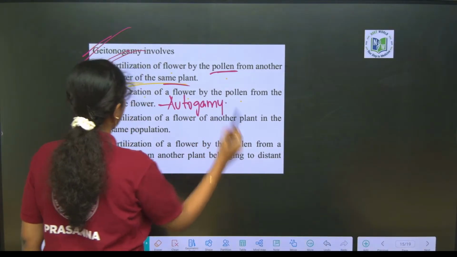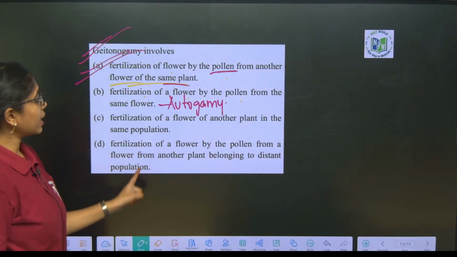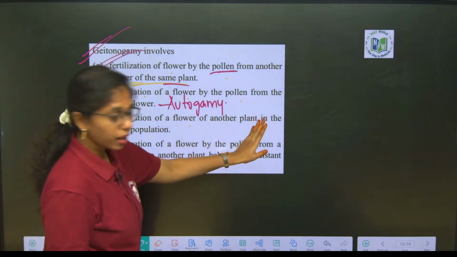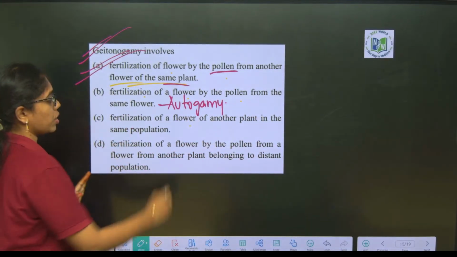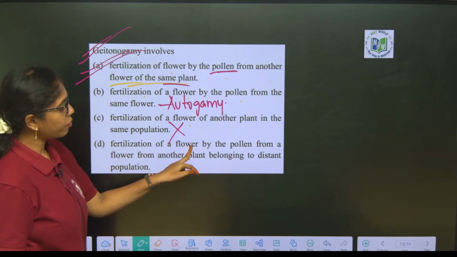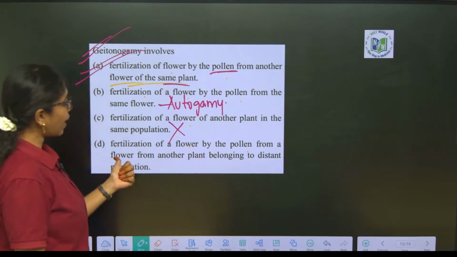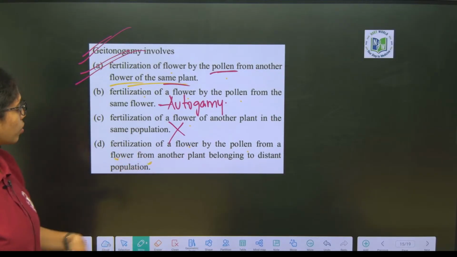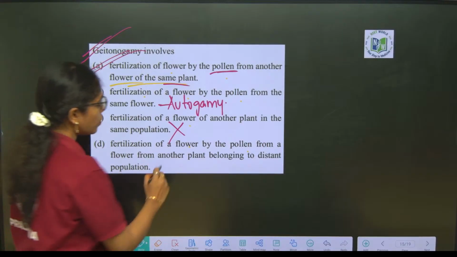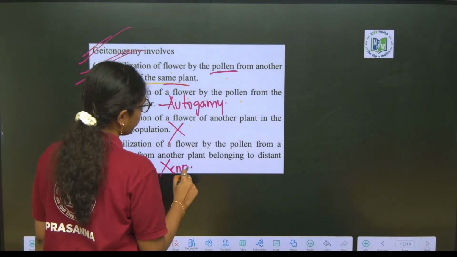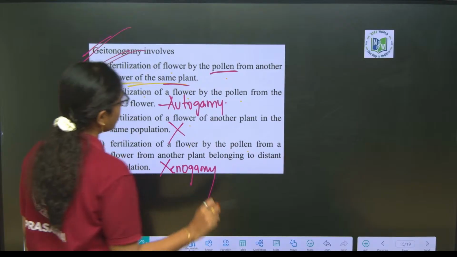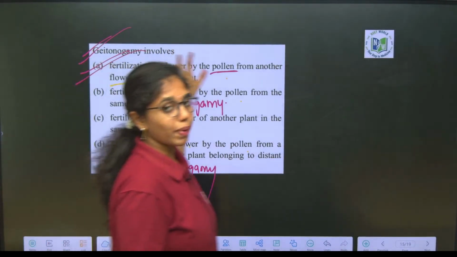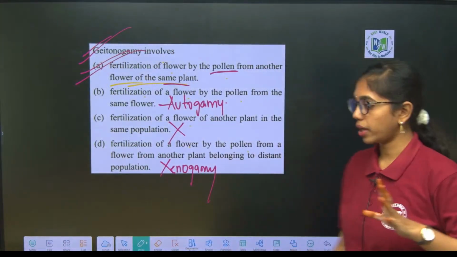And look at here, fertilization of a flower by pollen from a flower of another plant belonging to a distant population. This will be xenogamy. Fine. As the question is with respect to geitonogamy, option A goes correct here.